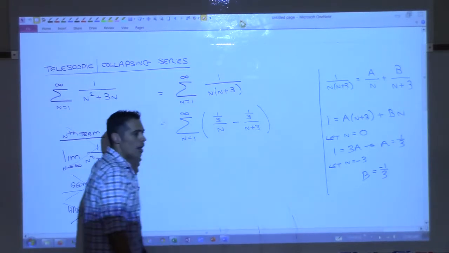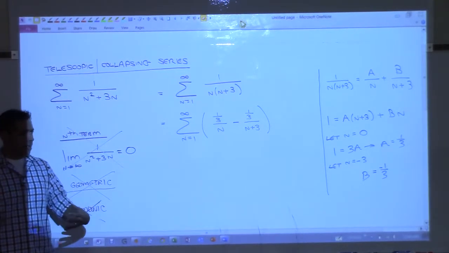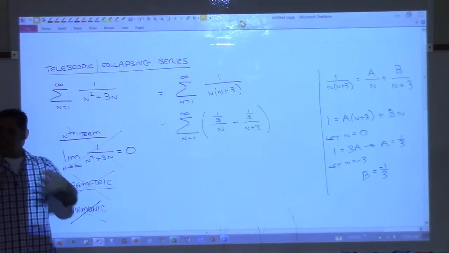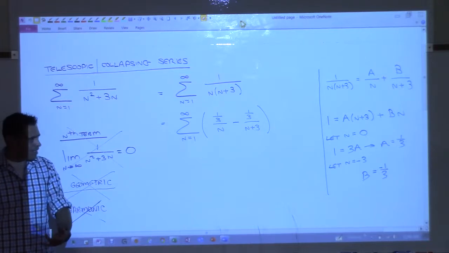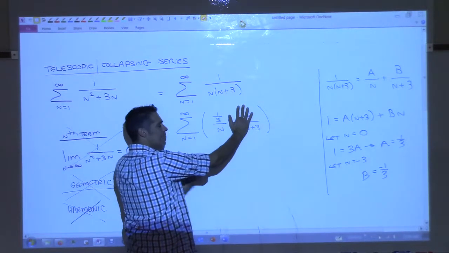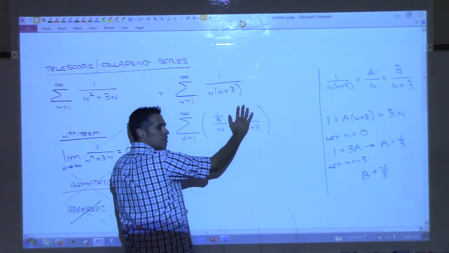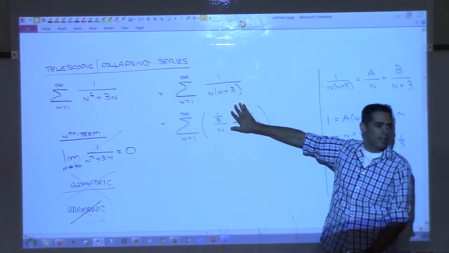Now, there is a property that allows me to split these up, right? So long as they converge, I can split them and put them back together. So if we look at this right here by itself, does that converge or diverge? 1/3 over n. What type of series would that be?